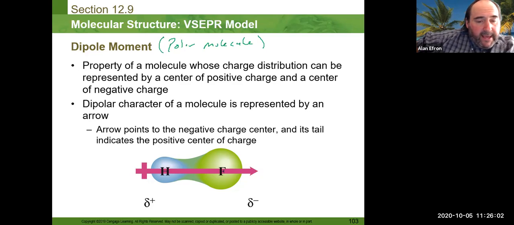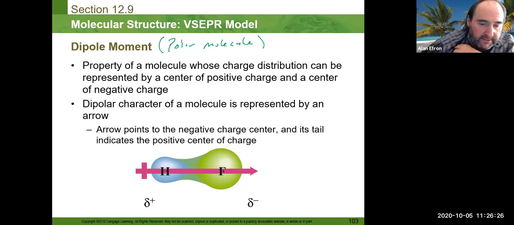And we can use those differences to help us determine if the molecule is polar as well. But when we do use electronegativity, it is really specifically between those two atoms, will those electrons be shared equally or unequally.